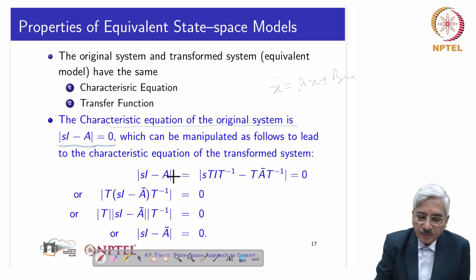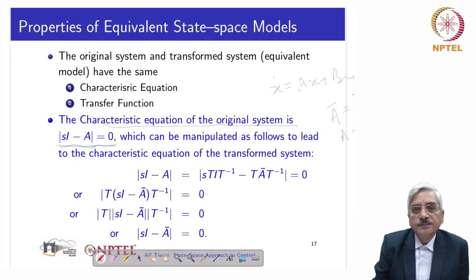Now in this, what we do is we substitute A in terms of A bar. We knew that A bar is T inverse AT, meaning that A will be T A bar T inverse.